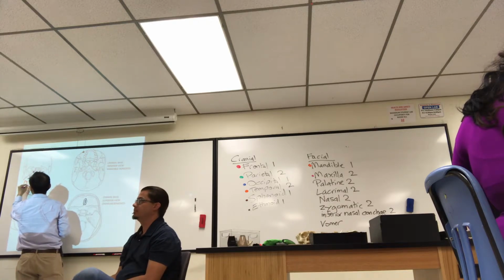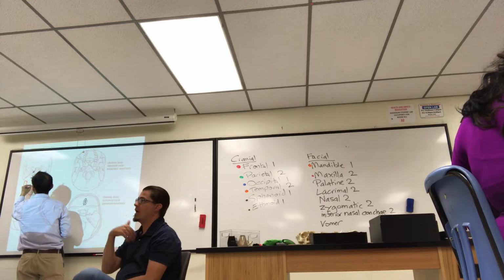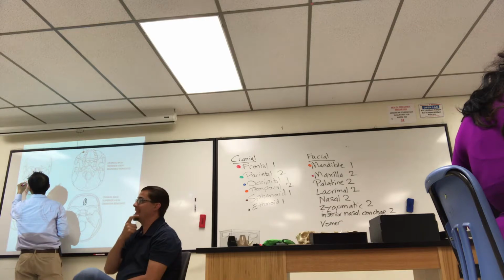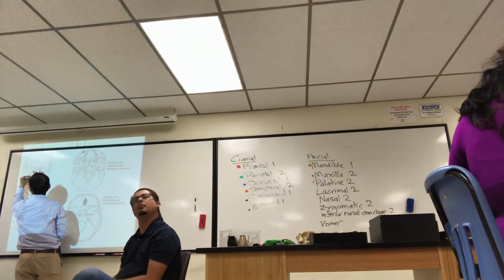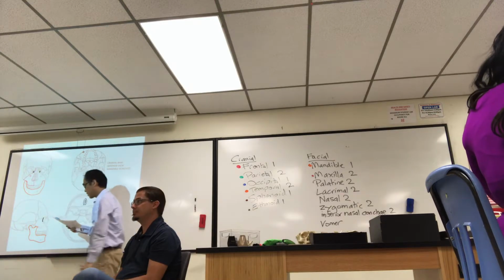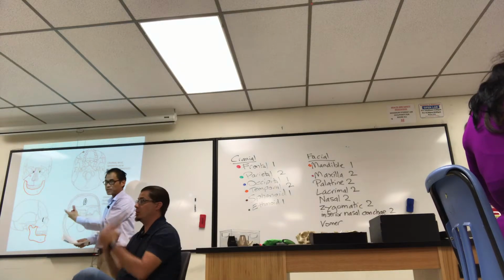One side. This is your upper jaw. It's got your upper teeth. There it is on one side. That's one maxilla, and I'll trace it in on the other side.